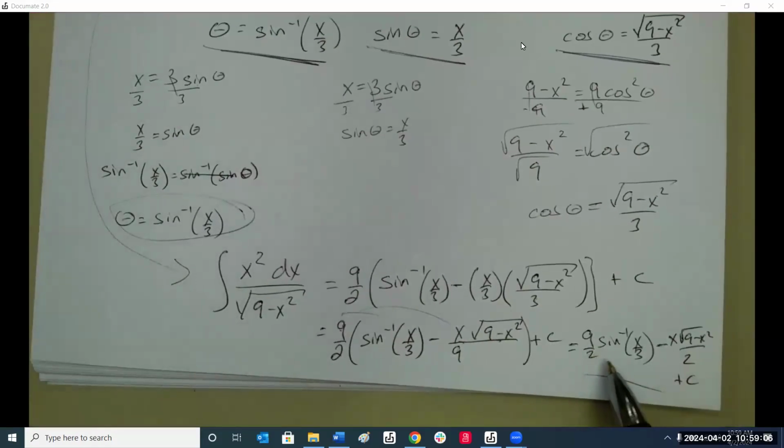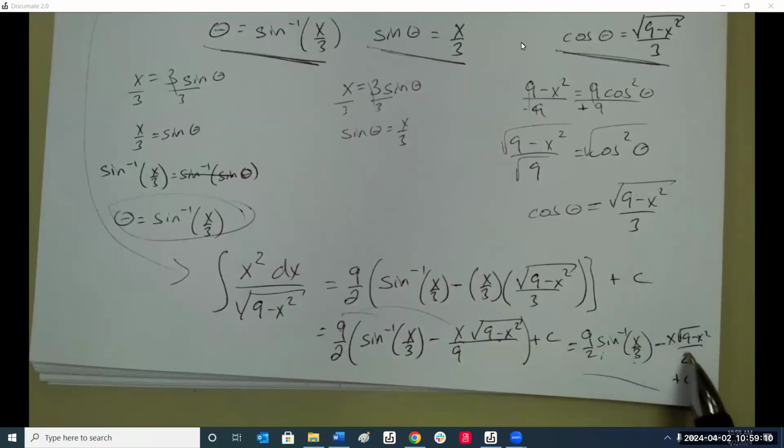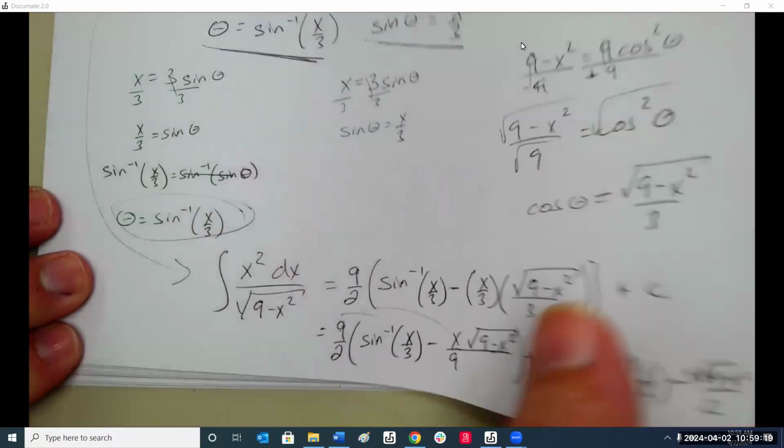So 9/2 inverse sine x/3 minus x times square root of 9 minus x squared over 2 plus c. And one more.